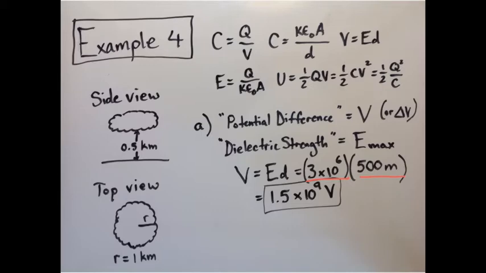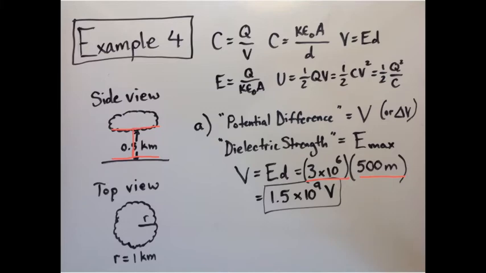Hold on now, plates, what's going on? A capacitor in general, or at least in our simple view, has 2 parallel plates on it. If you're not sure what the 2 plates are, we talked about this before. There's one plate, there's the other, and their separation is 0.5 kilometers.